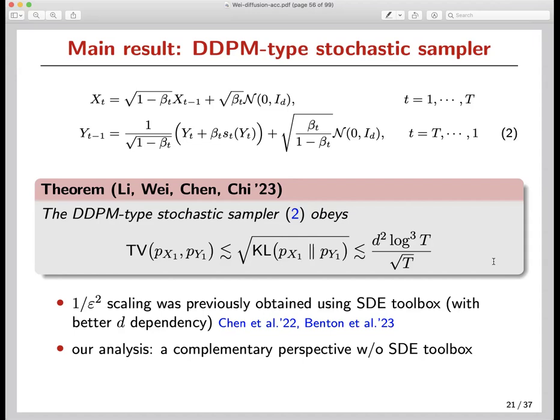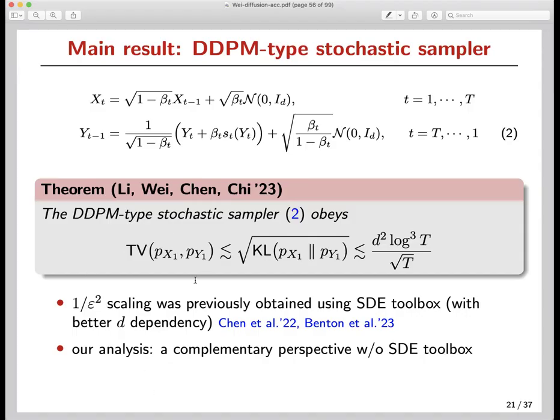Compared to prior results, this 1 over epsilon squared scaling was previously already obtained using the SDE toolbox, but with a better dependence on d. However, we offer a tool that is completely elementary, where you don't need advanced tools such as the Girsanov theorem or other more advanced SDE results.